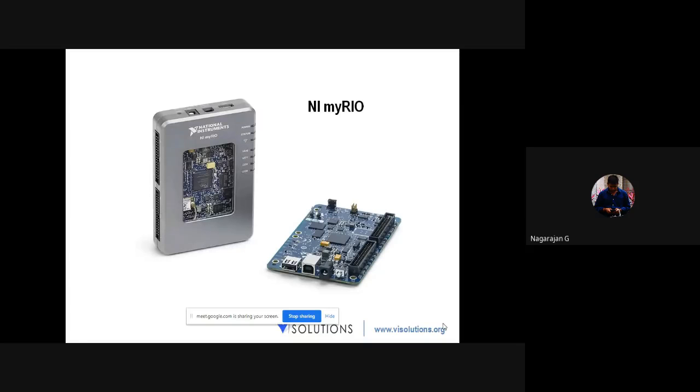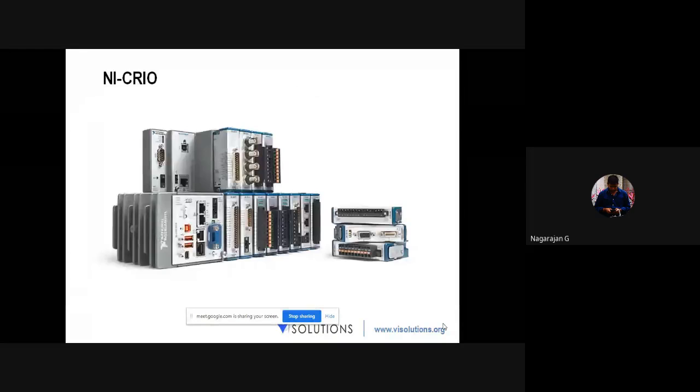Under that we have CompactRIO. CompactRIO is what we call cRIO, where you will have a chassis, and you can just plug and play the respective modules inside. Modules are nothing but IO modules. It may be a digital input module or digital output module. Or some will be protocol based, like a CAN module. If you are going to read and write data through the CAN protocol, it will support that.